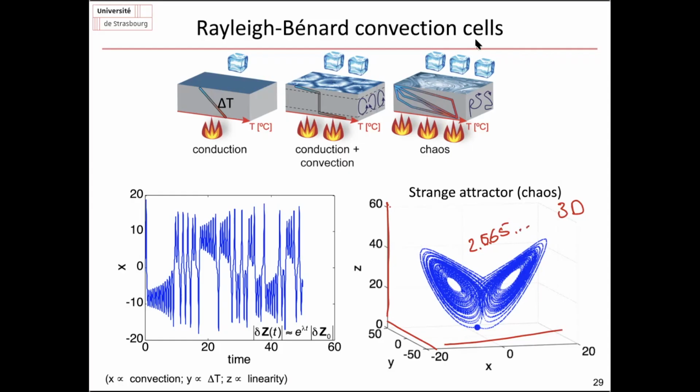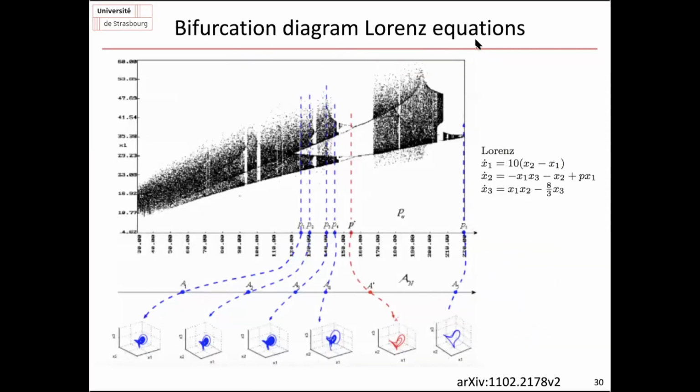And so it has a fractal dimension. So it's not 1, it's not 2, it's not 3, it's not an integer, but it's some number in between. So it's a fractal dimension. And that is called a strange attractor. Okay. So you can look up the bifurcation diagrams for this Lorenz equation, which can get extremely complicated with many bifurcations and complexities.